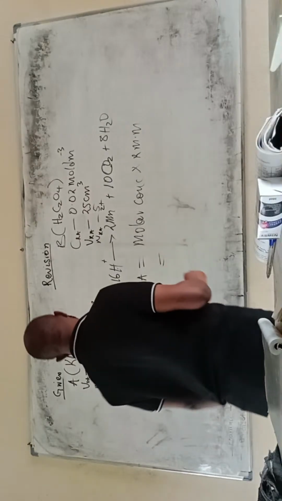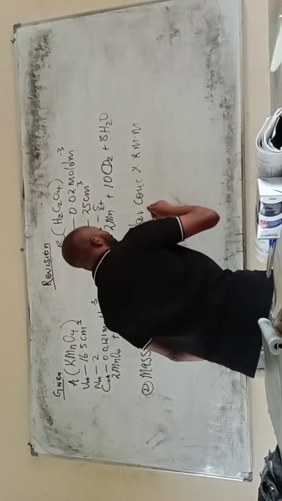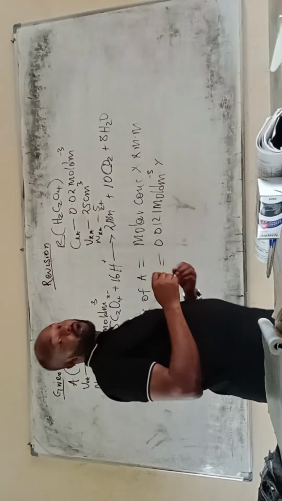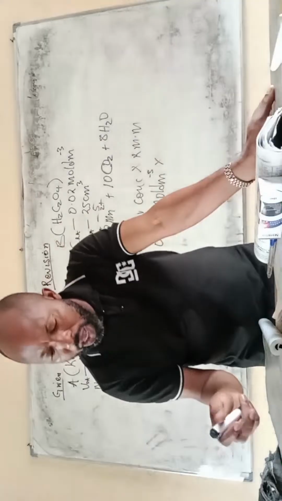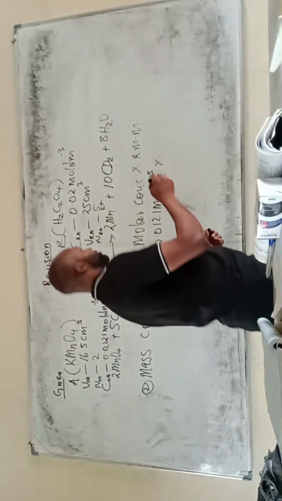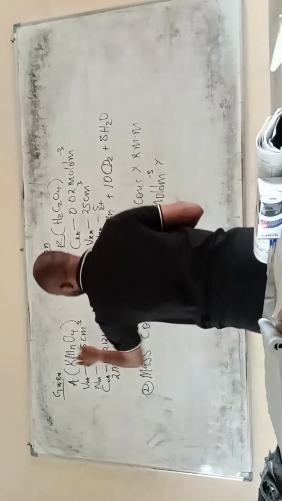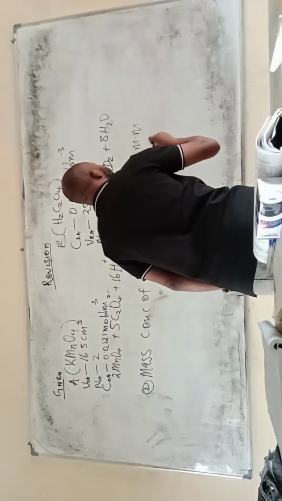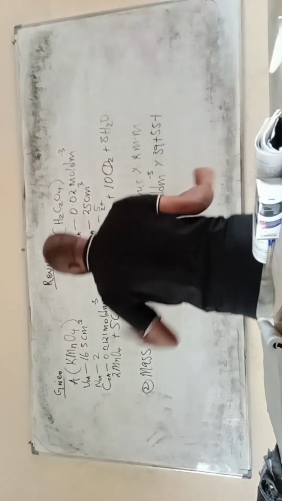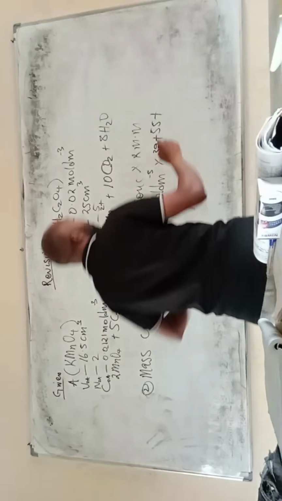The molar concentration is given to be 0.0121 mole per dm cubed, times the relative molecular mass. I'll have to look at it directly so that I wouldn't stress myself much. Manganese is 55. So potassium is 39, plus manganese, which is 55, plus oxygen, which is 16 times 4.